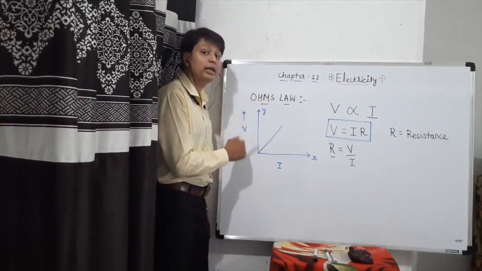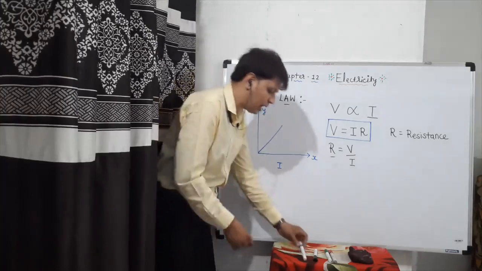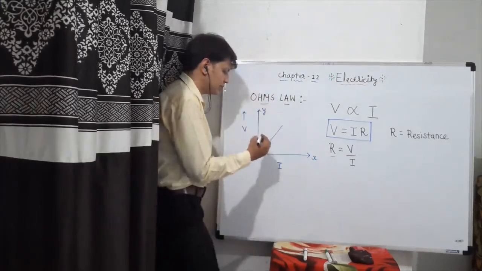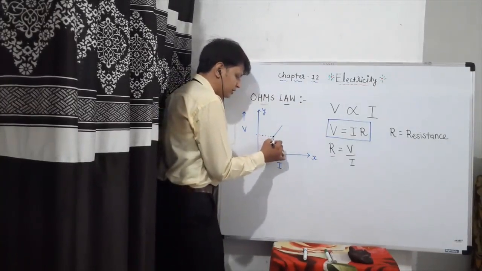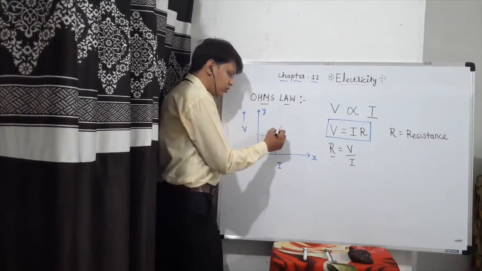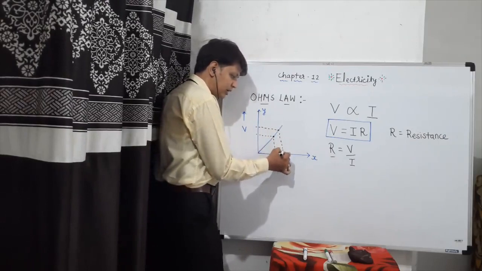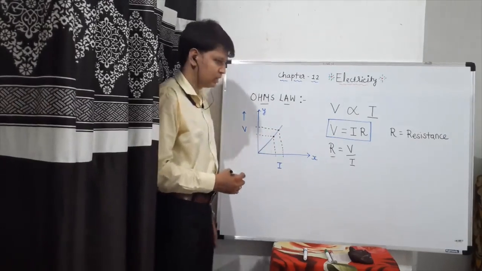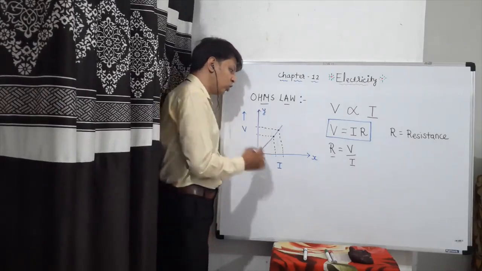This is a linear graph where V is directly proportional to I, which represents that if we select any one point, we can consider the values of current. If the value of potential difference is increased, the electric current will also increase. So this is a linear graph showing Ohm's law.